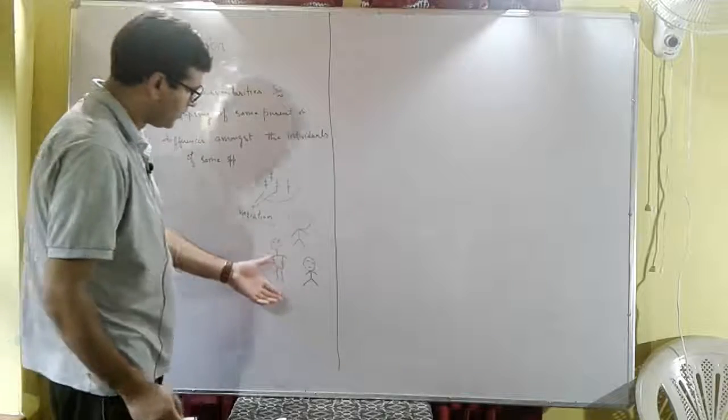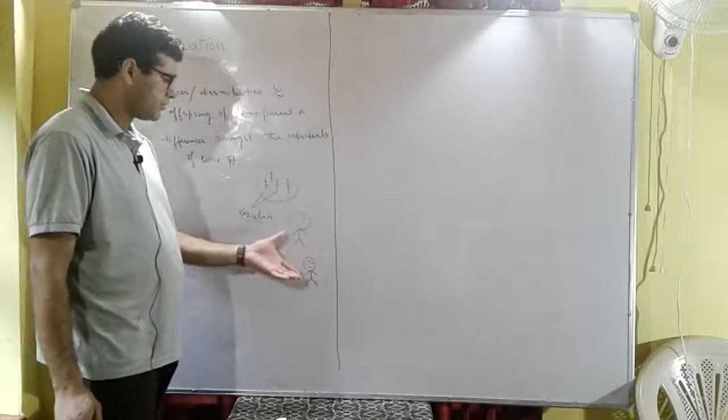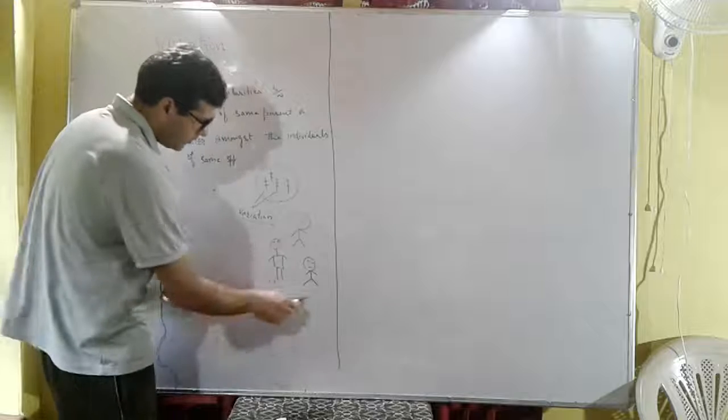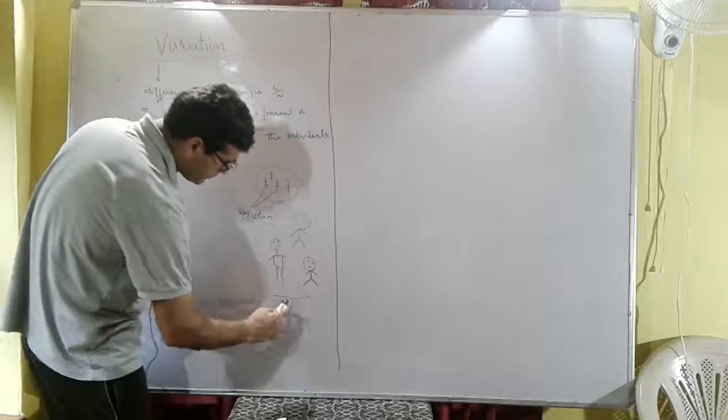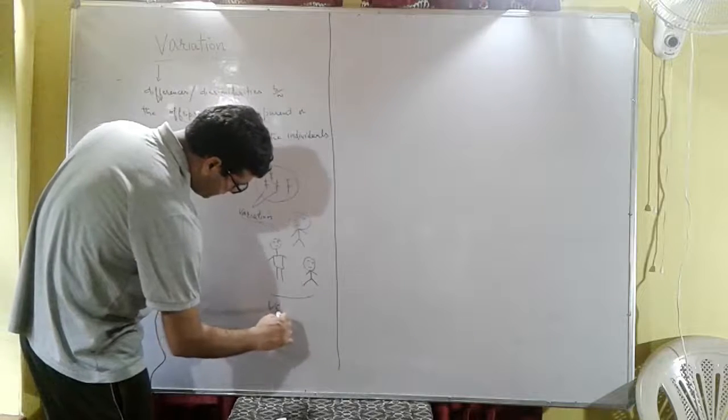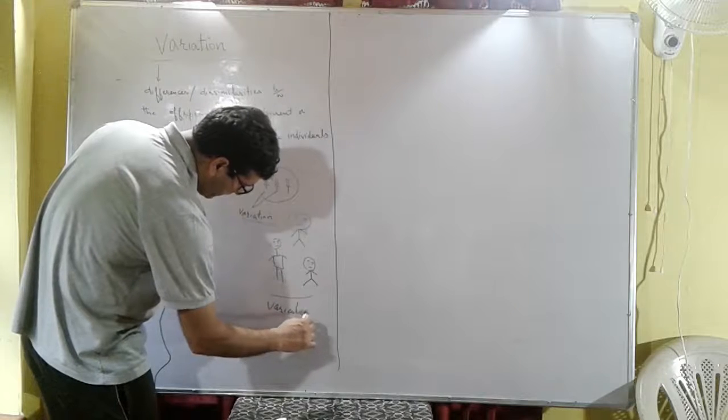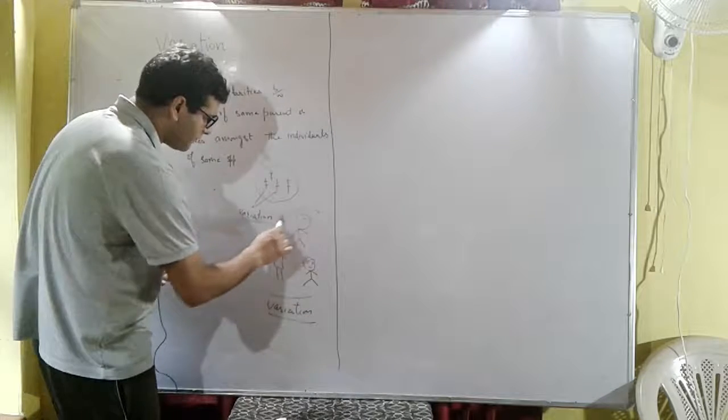These are three individuals which belong to the same species, that is Homo sapiens, but they are different. So this difference is called variation.